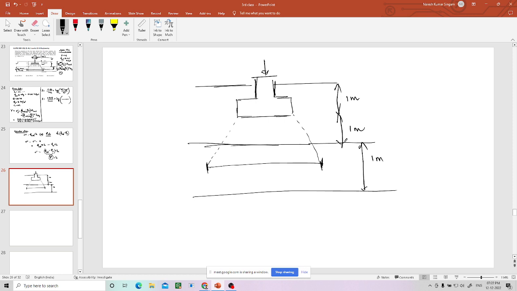Why am I doing this? Because I need to find out the increment in the stress at this point. That increment in the stress, that means point load divided by area over which it acted. We are given point load, but we should find out the area over which it is acting. Okay, so if this is 2 meters and if it is two vertical, one horizontal, can you tell me what is the length of this?